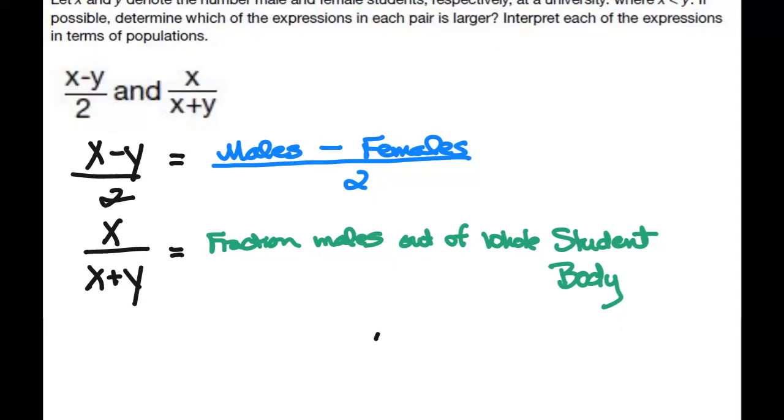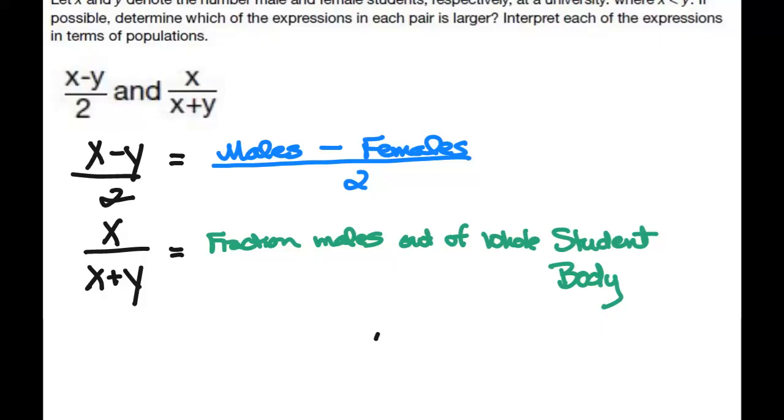So now that we kind of know what we're talking about, which of these expressions is going to be larger and why? Why? Can't just guess. The denominator is x plus y, and the numerator is x minus y.